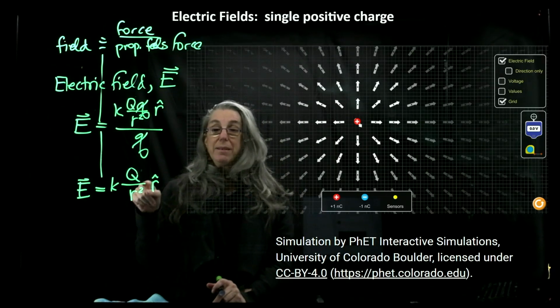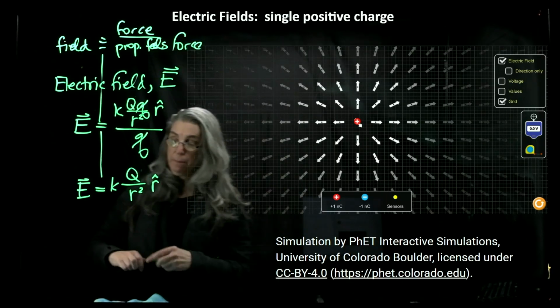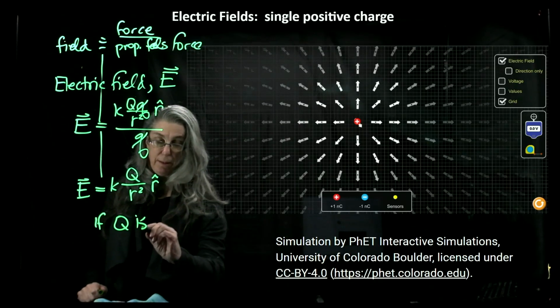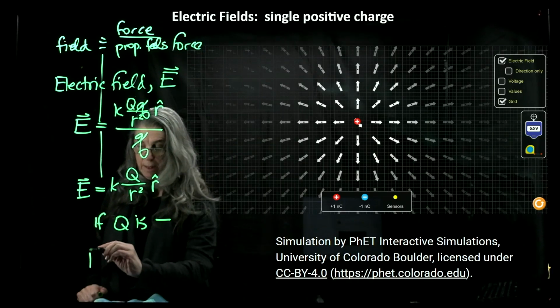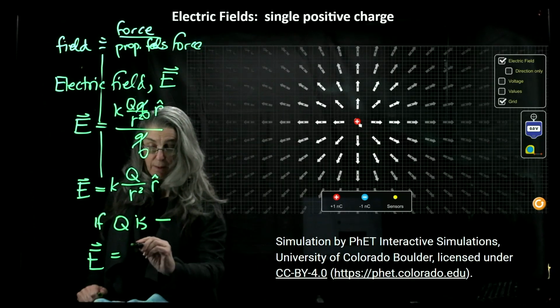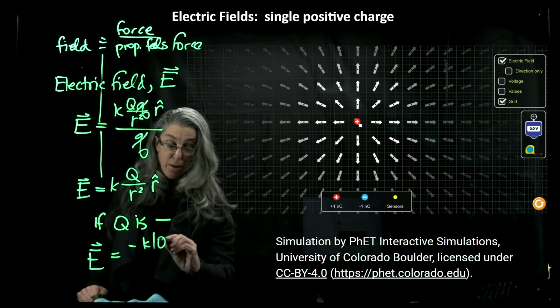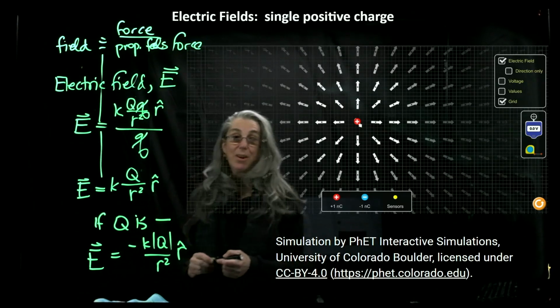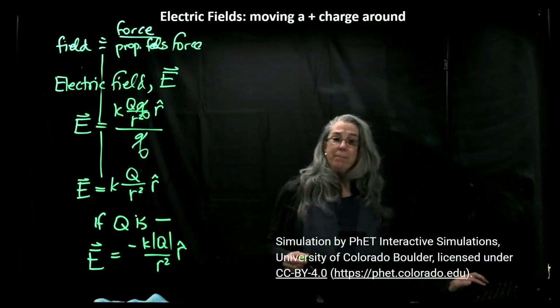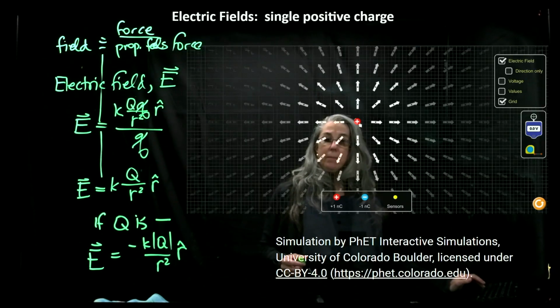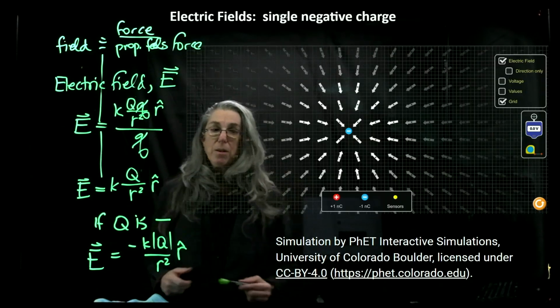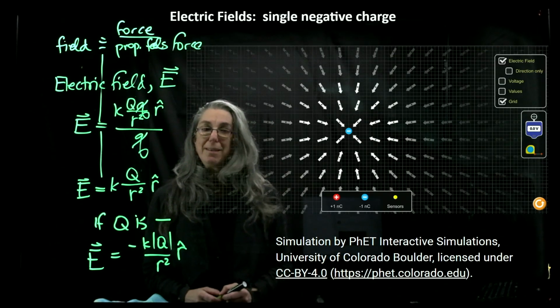Whereas if that Q is negative, then we get E equals negative KQ over, I have to put the absolute value sign, r squared, and negative r hat flips the direction. Where's my minus sign? There we go. So for the negative charge, notice the color difference is blue in the simulation.